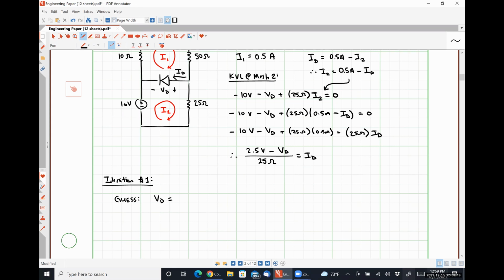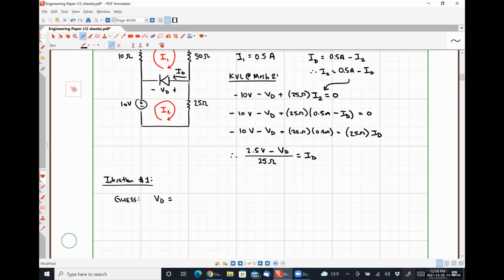I personally chose half a volt when I did the iterative method for this, but it really doesn't matter what we choose. So if you guys want to choose something else, we can do that, and we'll see that it's still going to resolve in roughly 3 to 4 iterations either way.